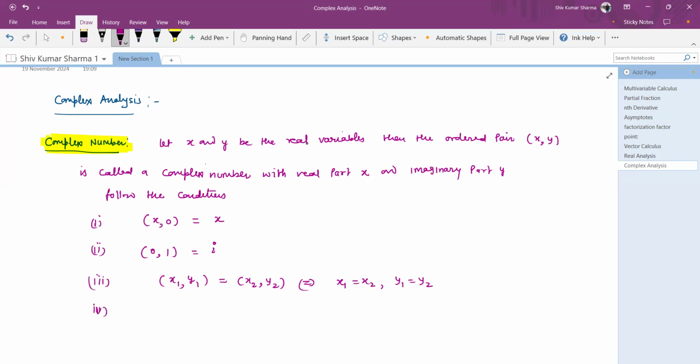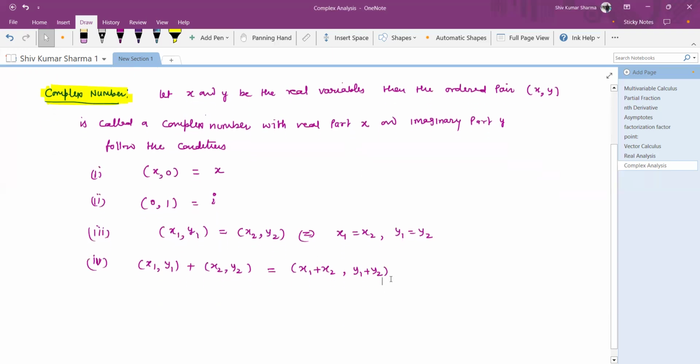The fourth condition: when we add two complex numbers, (x1, y1) plus (x2, y2) equals (x1 plus x2, y1 plus y2). So we add the real part with the real part and the imaginary part with the imaginary part.